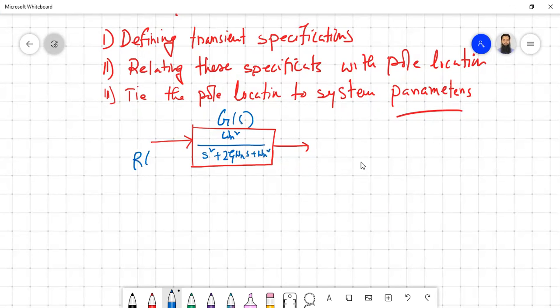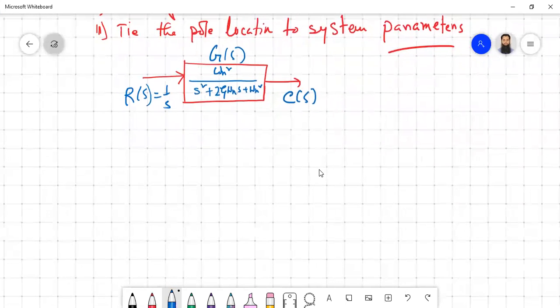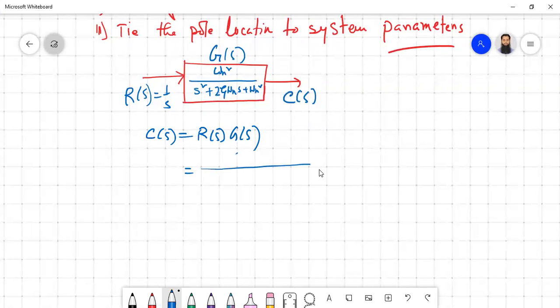Then we want to have a step response, R equal to 1 by s, and that will give us the corresponding output response C of s. Our formula, as always, is C of s equal to R of s times G of s. If you put everything in, what you will get is omega n squared divided by s times s squared plus twice zeta omega n s plus omega n squared.